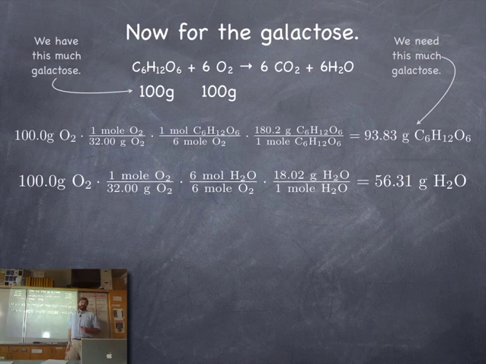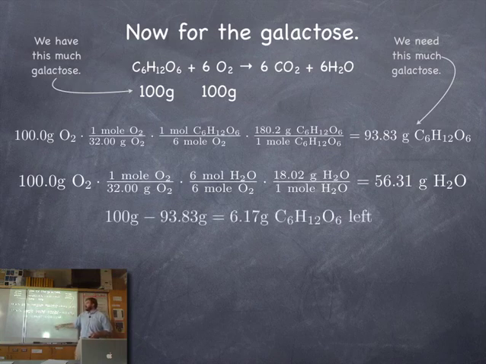If you guess correctly and start with your limiting reactant, you save yourself a stoichiometry calculation. But if you started with galactose and got 106 grams of oxygen, then you'd need to do a third calculation, where you start with the oxygen to calculate how much galactose you used. This is the amount of galactose we used up. So we take the total 100 grams minus how much we used up to get how much is left over.